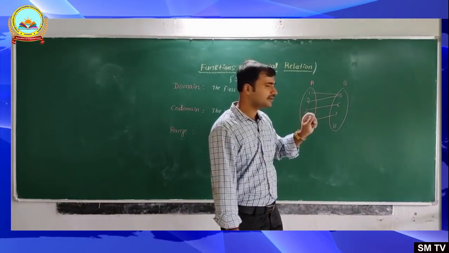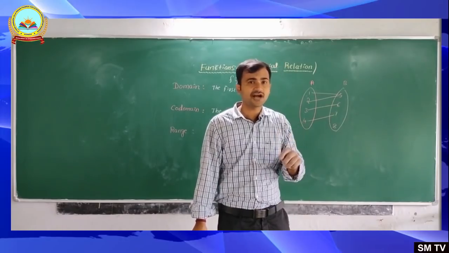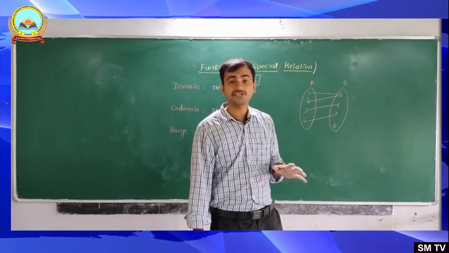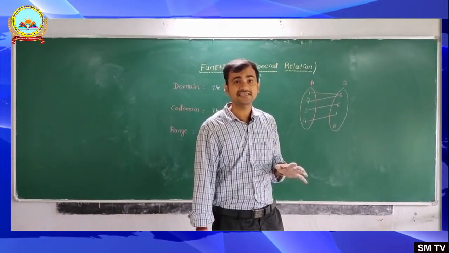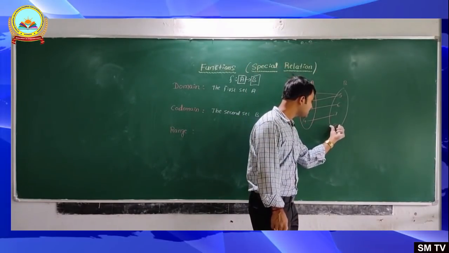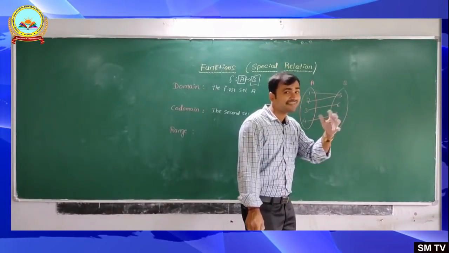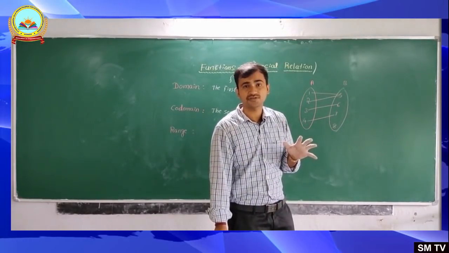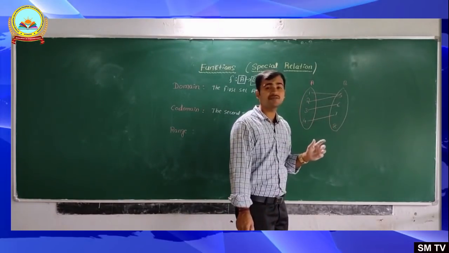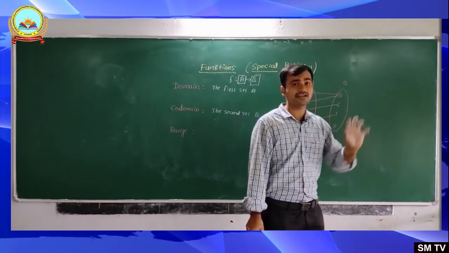Range is the set of elements in set B which are the images of elements in set A. For example, here 8 is not the image of any element. 8 is not having any pre-image. Therefore, 8 will not be in the set of range.